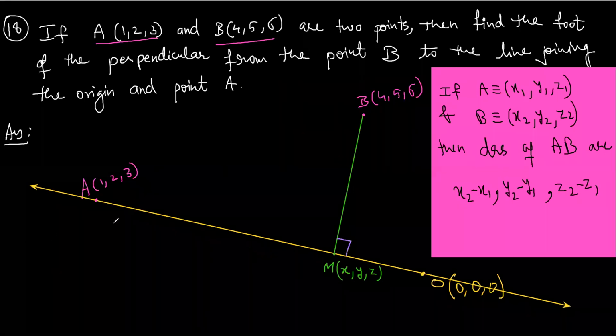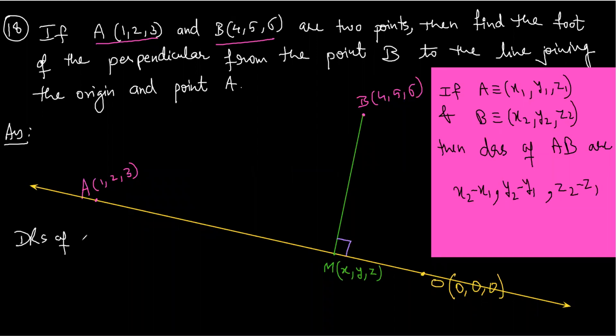So I write here DRs of BM. See, what are the DRs of BM? It is x minus 4, y minus 5, z minus 6. I got DRs of BM.